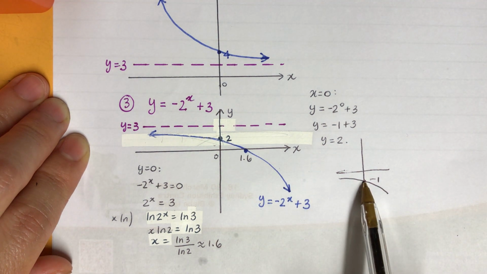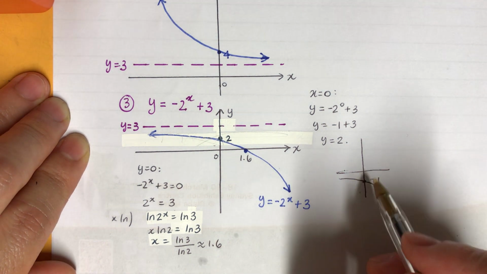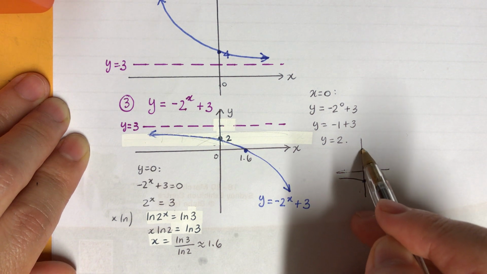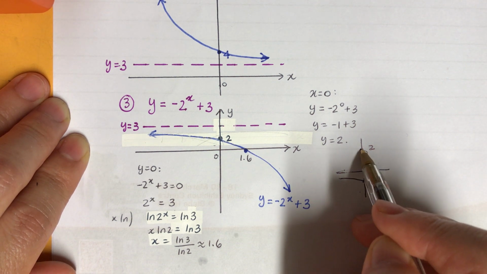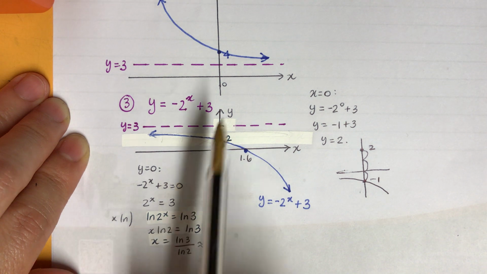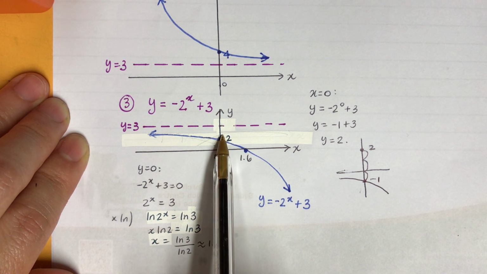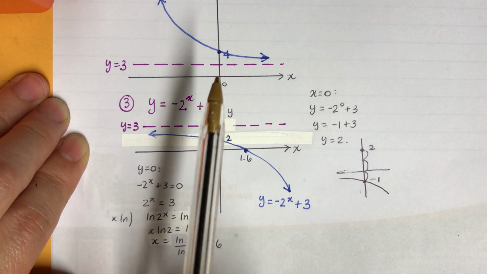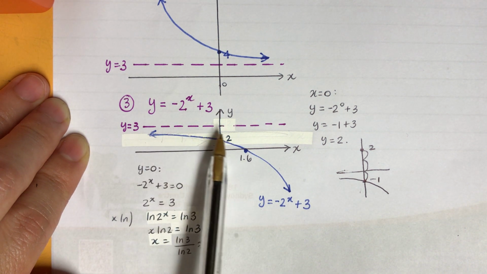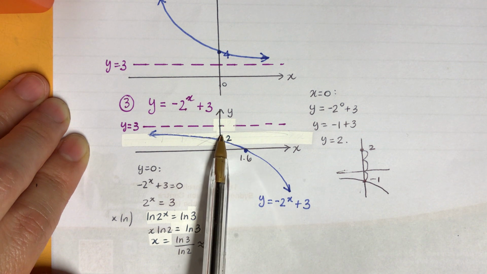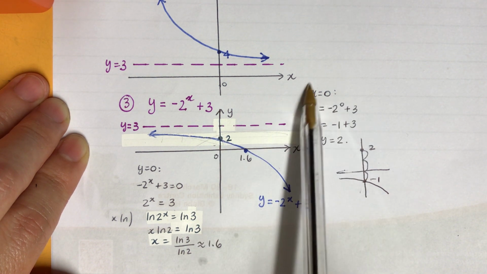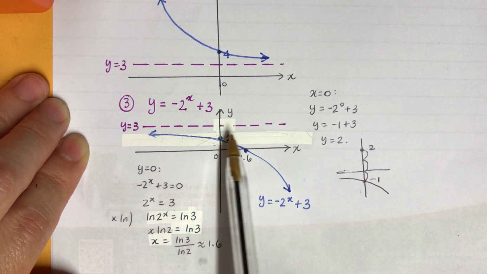Now, if it's -1 and it's pushed up by 3, 1, 2, 3, I will be at 2. So that's why it's a 2 here. It was coming from -1, pushed up by 3. So make sure you think about where it's going to cut through the y-axis. I've done it algebraically here, so y equals 2.